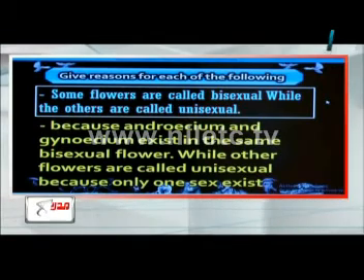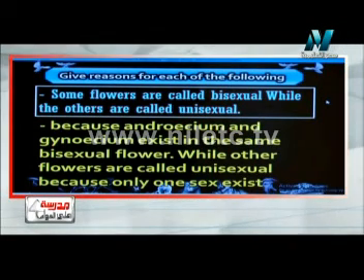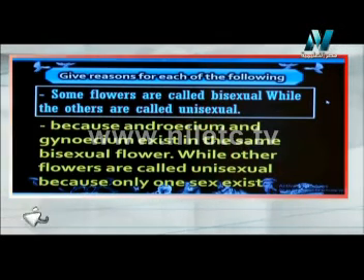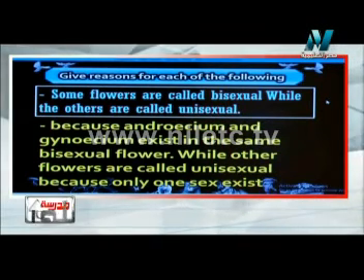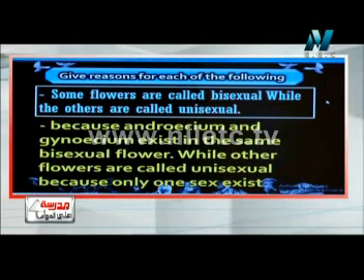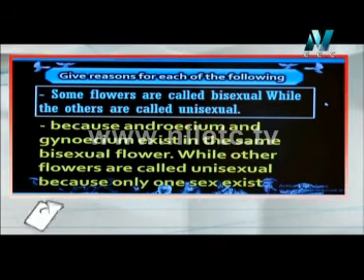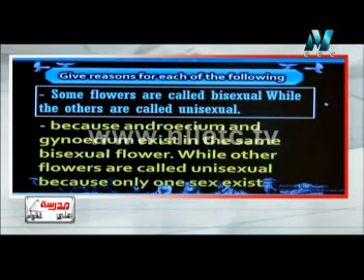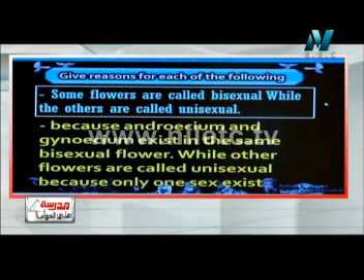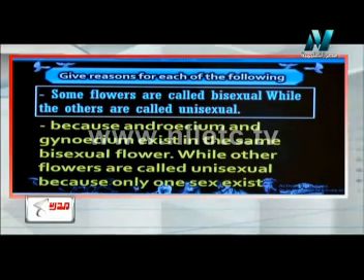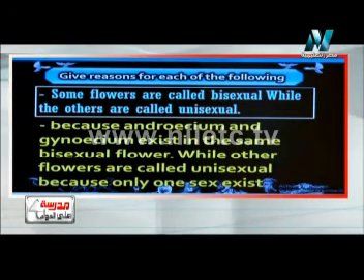The unisexual flower has the presence of one sex only, the androecium only or the gynoecium only. The hermaphrodite flower, containing the male and the female organs, is called bisexual.